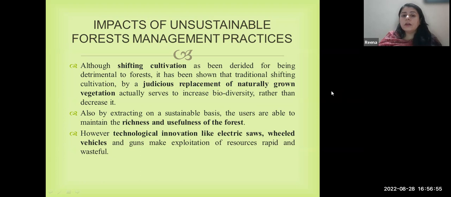So in the long run, shifting cultivation is now being considered a good and sustainable practice rather than a threat to the environment. Okay, so some studies have really helped us to understand deeper impacts of the practices which we have been denying, which we have been considering unsustainable.